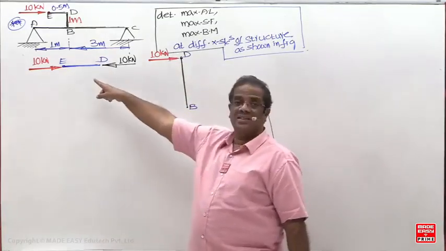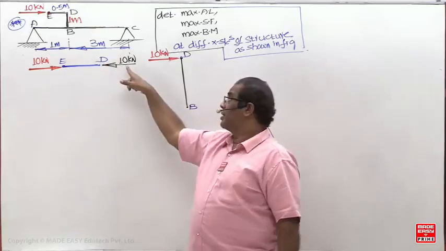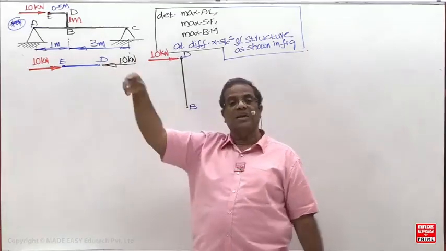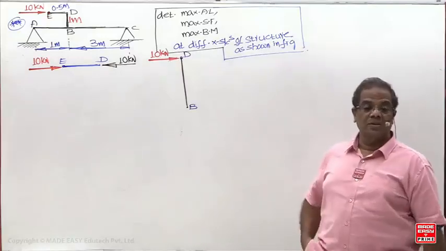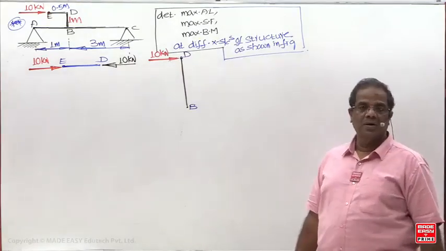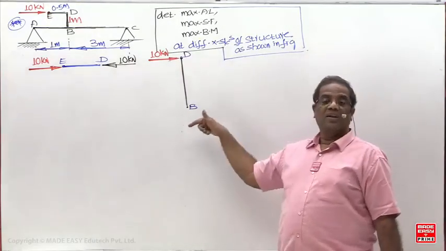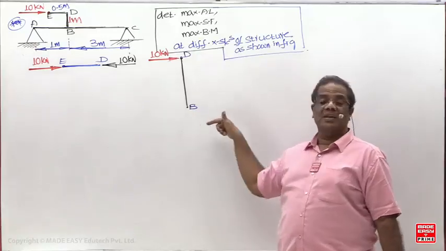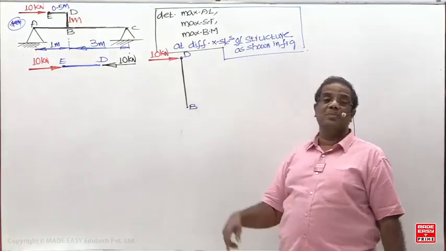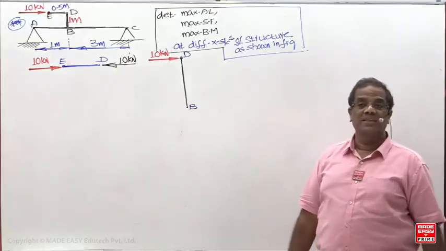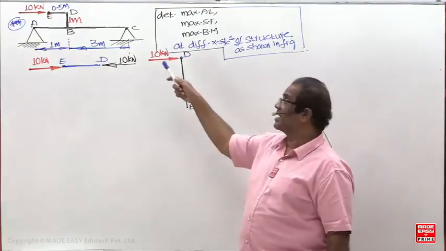Now, this member is not in equilibrium. In the previous case, sigma H was 0, so it was in equilibrium. In this case, sigma H is non-zero. So we need one horizontal reaction towards left or right. Now the load is going towards the right side, so the horizontal reaction is going to be towards the left. But who will provide that now? For this one, which one is acting as support?